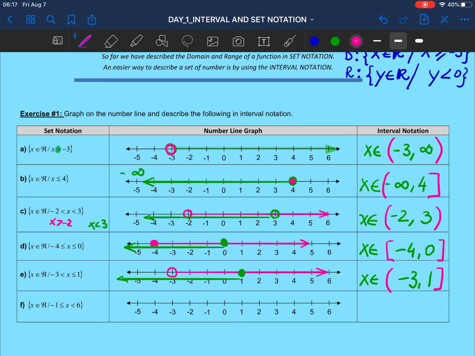Now, negative 1 is included in the set, so I will draw a filled circle in here. And positive 6 is not included in the set, so we are going to draw an empty circle here.